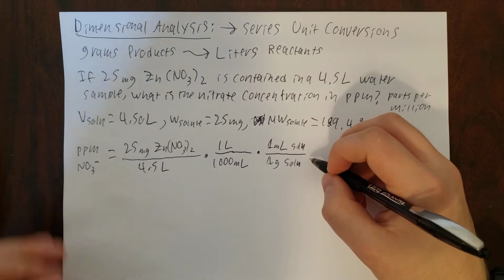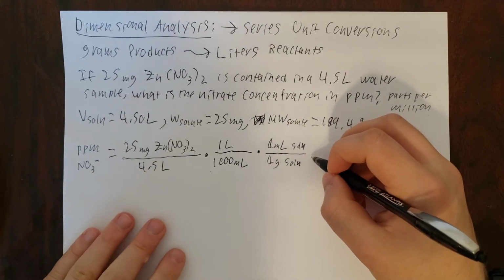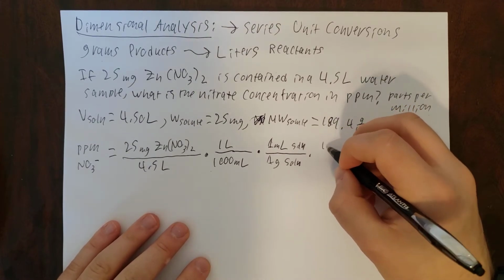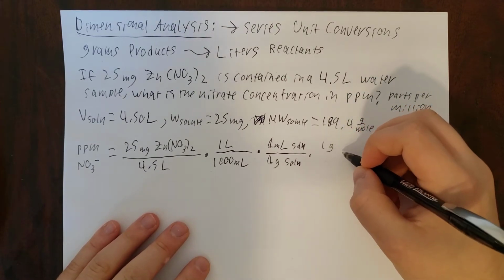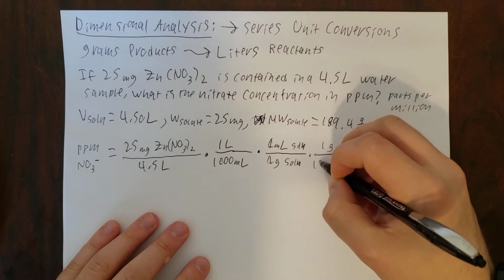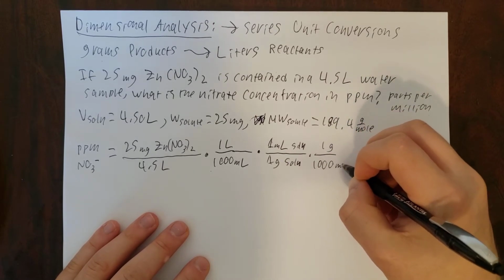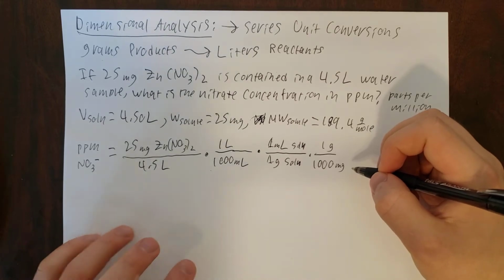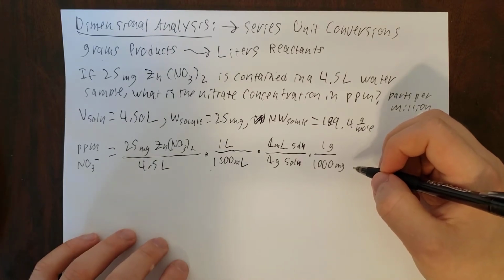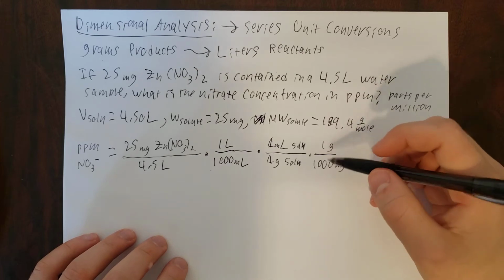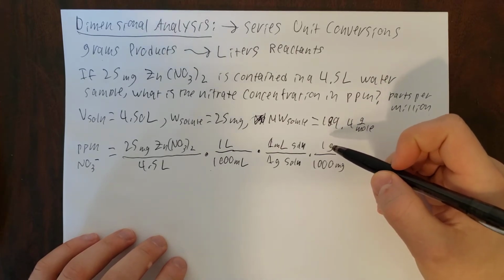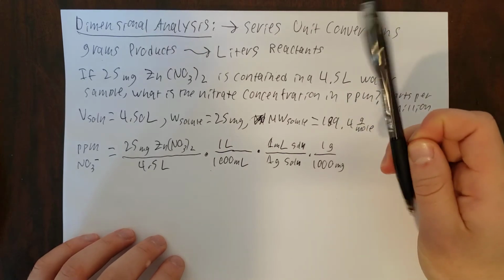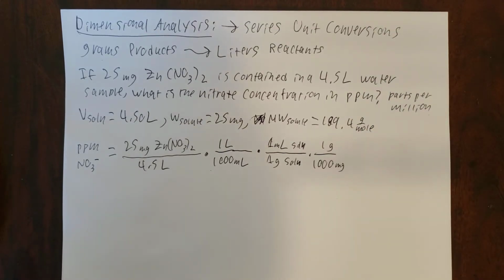And then we know that we have 1 gram per 1,000 milligrams. So what this ends up doing is we get everything in terms of grams.